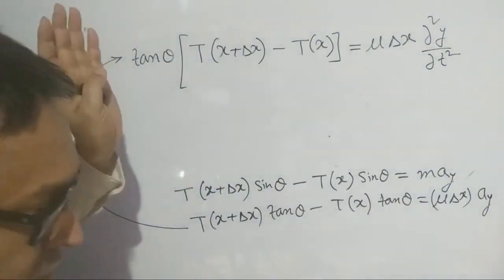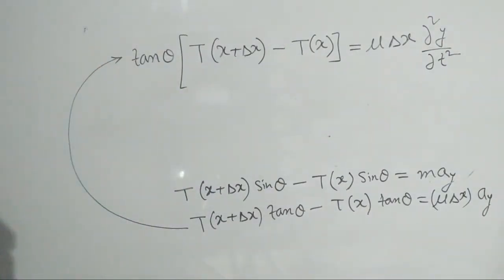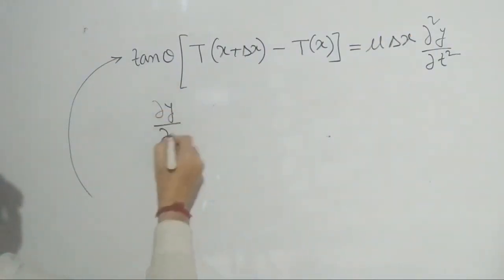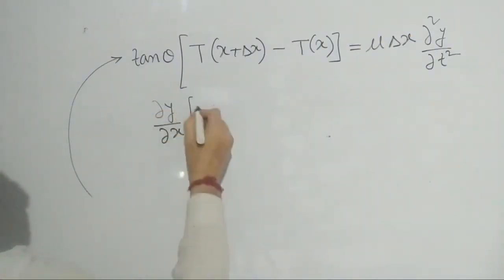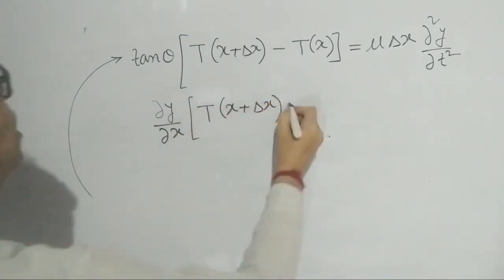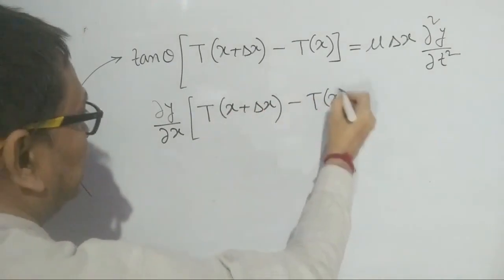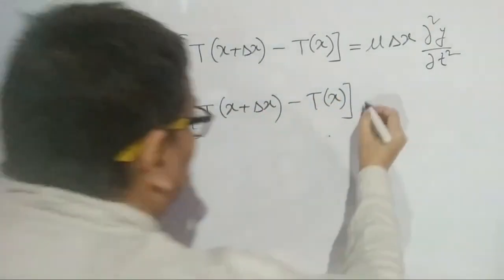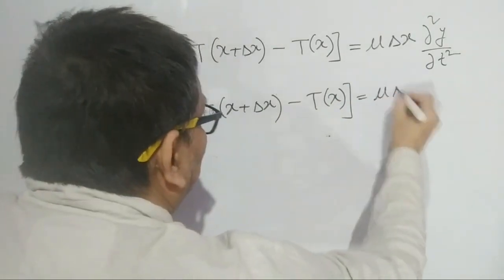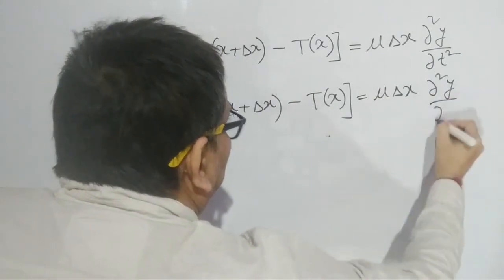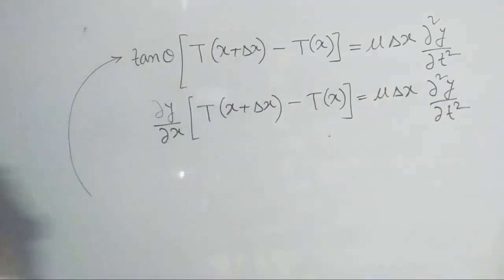This tan theta can be written as del y by del x, times tension at x plus delta x minus tension at a distance x, and this is equal to mu delta x del square y by del t square.